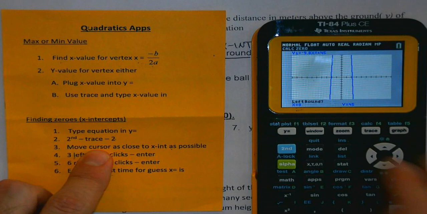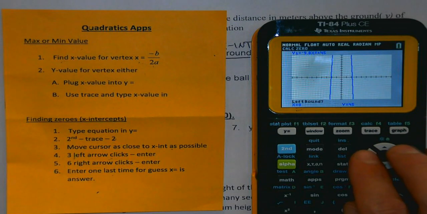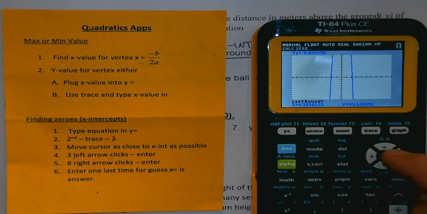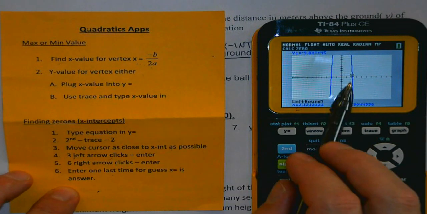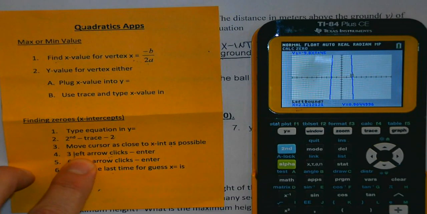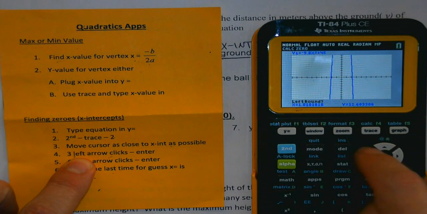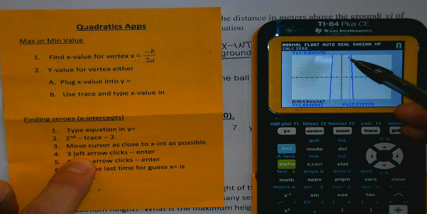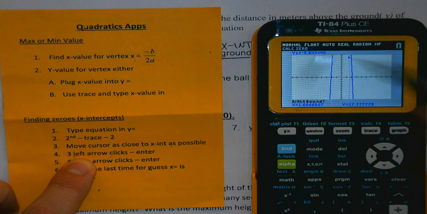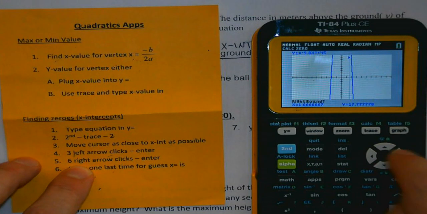Move the cursor, remember, left and right arrows only. Typically, if I start going right, I notice the y value is coming down, which is a good thing. Here it comes. Ooh, that's pretty good. Get as close to the x-intercept as I can. Yep. 3 left. 1, 2, 3. It's okay if it disappears from the screen. There's my first boundary with my arrow. 1, 2, 3.